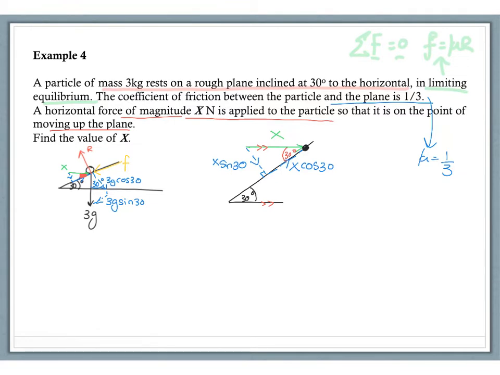Remember, we're in equilibrium. Let us balance the components of the forces. So parallel to the slope, we have F, which is acting downwards. We have 3g sine 30 also acting downwards, and they are balanced by this component here of x, which is x cos 30.